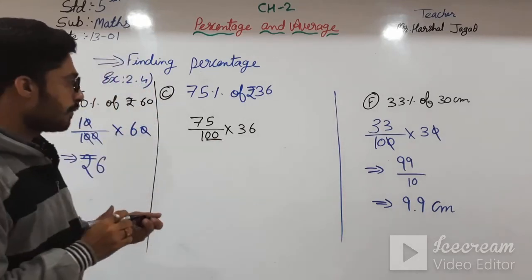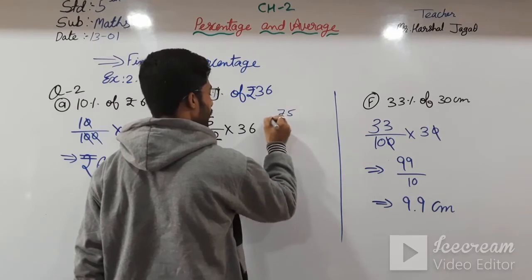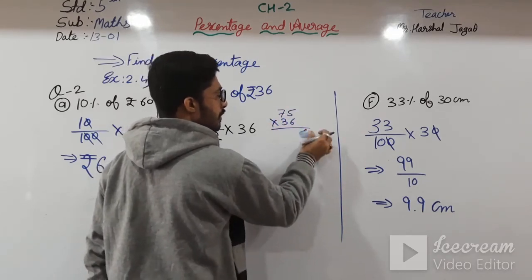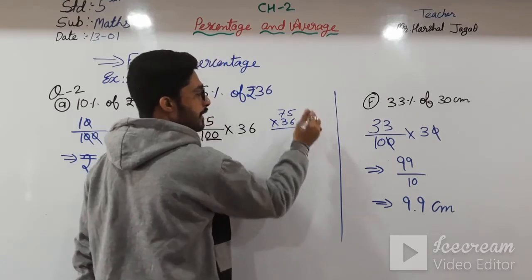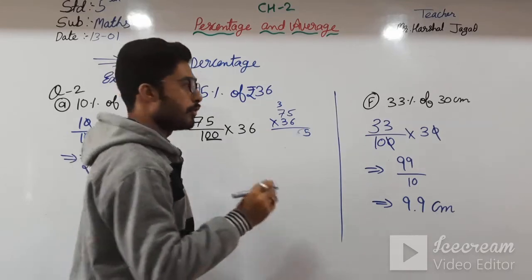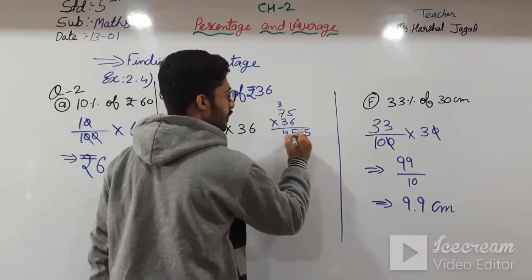Okay, decimal point. So let us multiply this one. Let us see what we get. 75 into 36. First of all, 6 5s are 30, 6 7s are 42. 42 plus 3, 45.